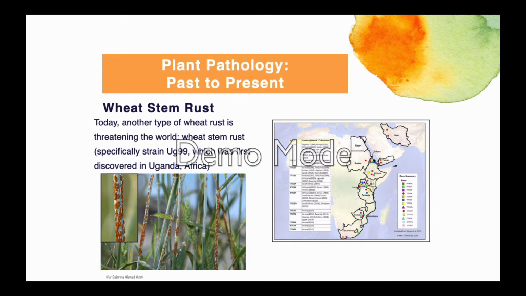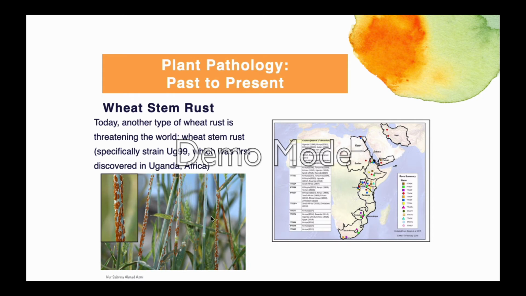Okay, so that was a disease that happened in the past, but it doesn't mean it doesn't happen now. It's still happening, but not as major. Nowadays, the major disease in wheat cultivation is wheat stem rust. This pathogen, normally caused by Puccinia graminis, was first discovered in Uganda, Africa, where the pathogen infects the stem. Then you can see the rust symptoms on the wheat stem.